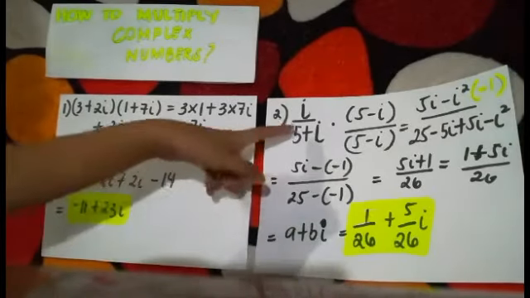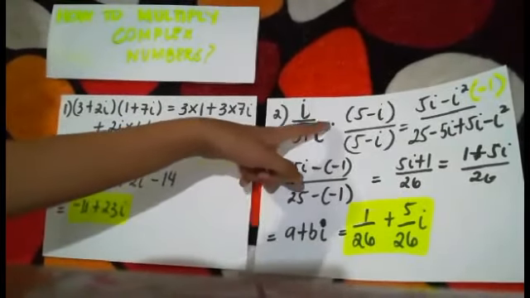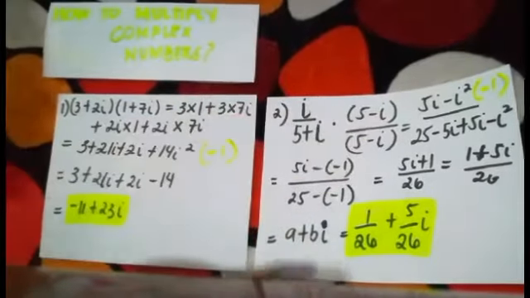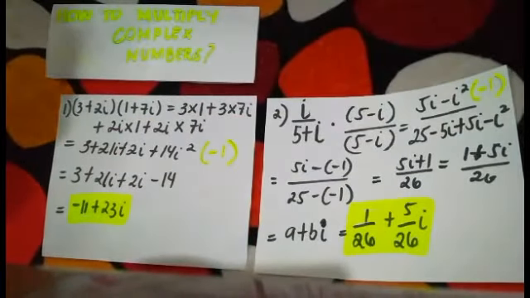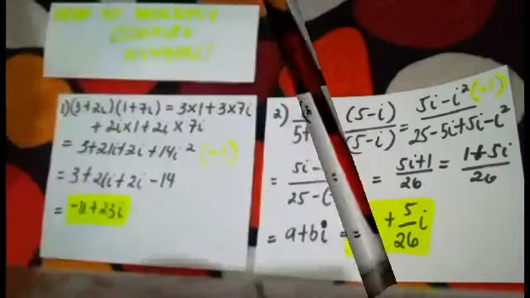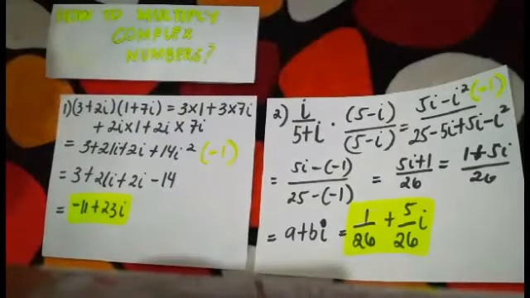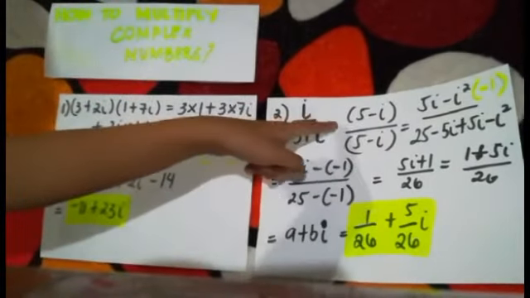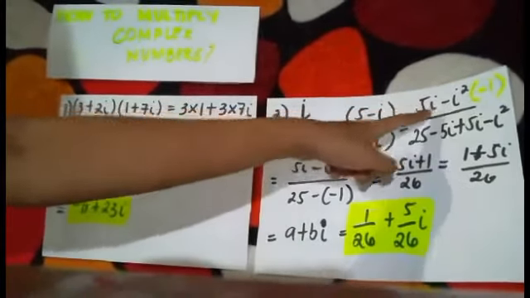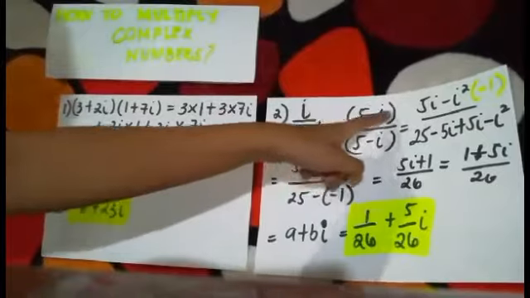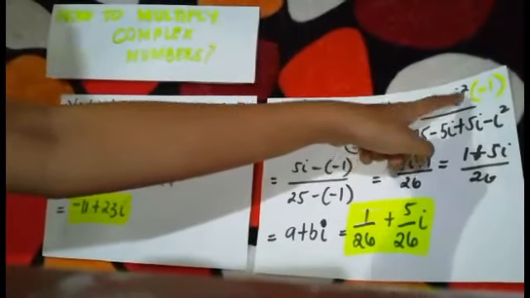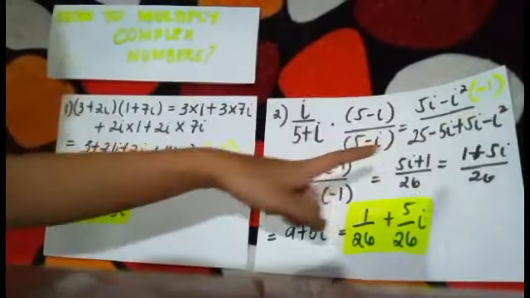For example, 5 plus i times 5 minus i. We call that the complex conjugate. So i times 5 is equal to 5i. i times i is equal to i squared, or negative 1.